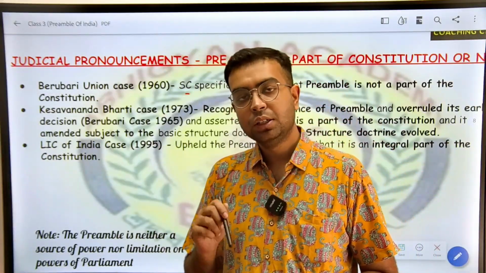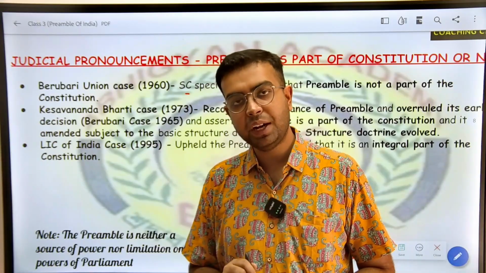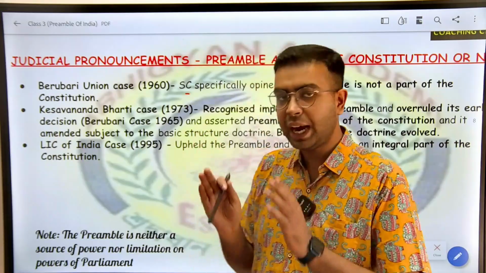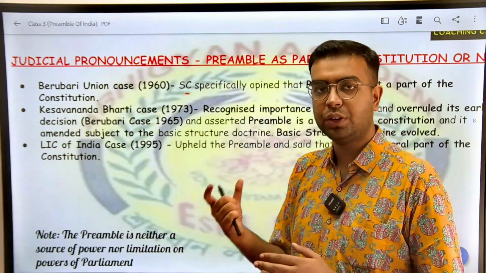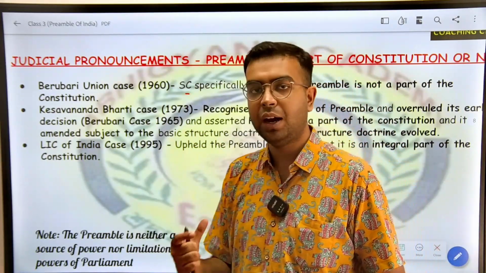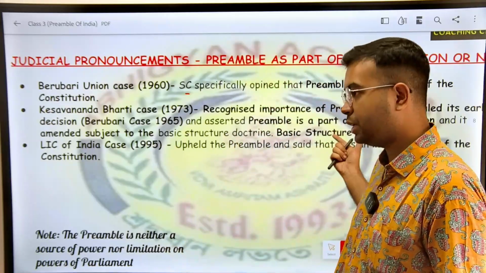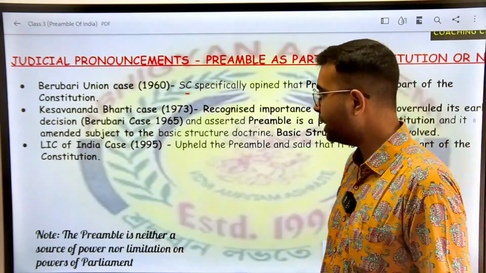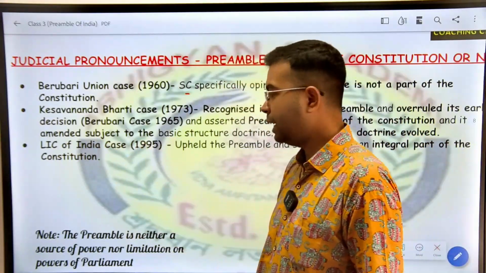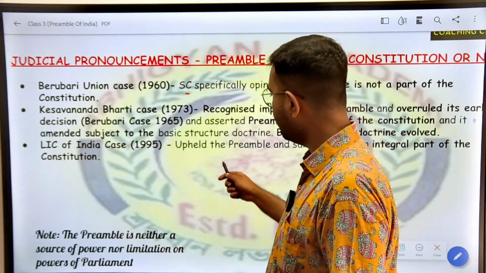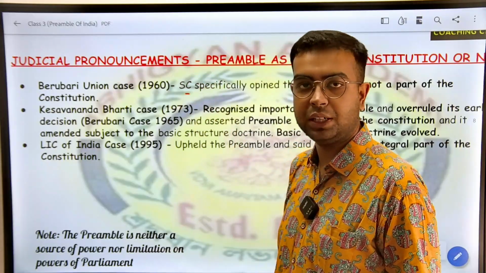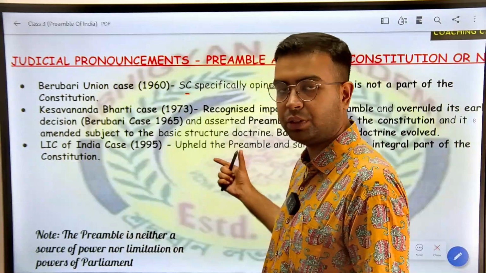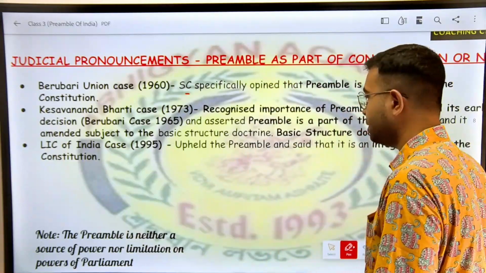But it should be kept in mind by the Parliament or the government that the basic structure, or the basic idea, ideology or essence of our Constitution should not be harmed. From this, the basic structure doctrine evolved, which I'll discuss in detail in the amendment chapter. Then again, in the LIC of India case of 1995, the Supreme Court upheld its previous Kesavananda Bharati decision that the preamble is a part of the Constitution and an integral part of it.